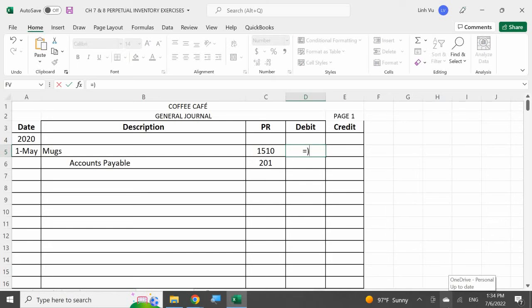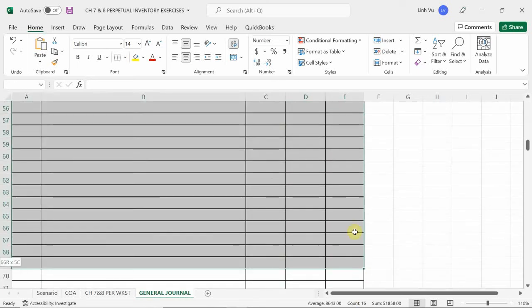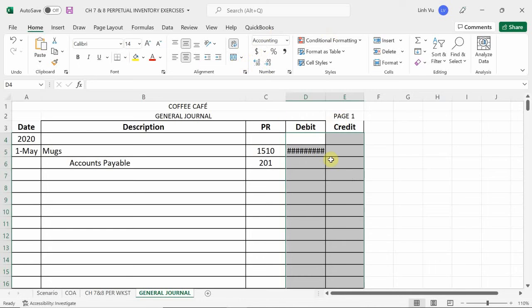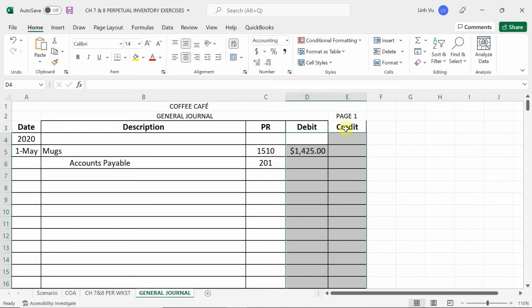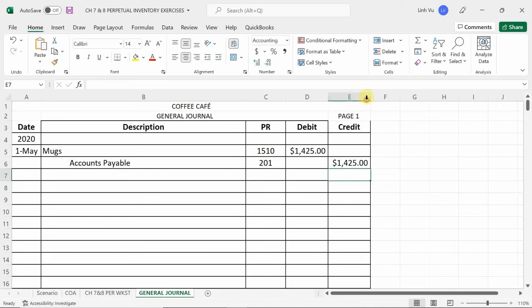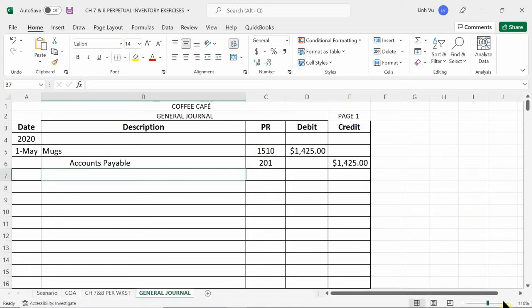If you go ahead and do this, you can calculate it right here. 500 times $2.65 each plus 100 will give you the 1425. All right, that means I also owe 1425.